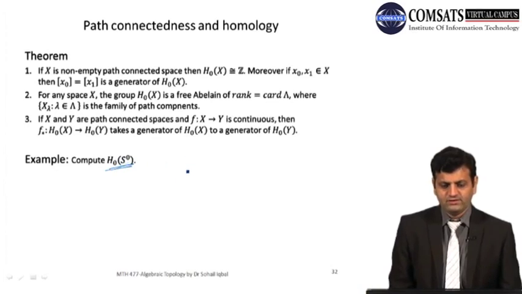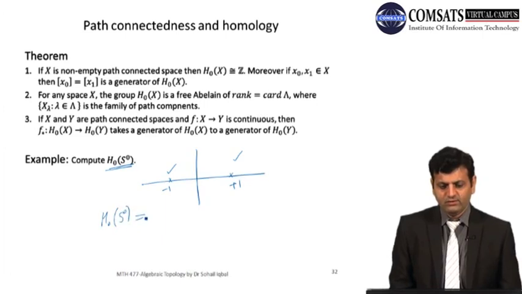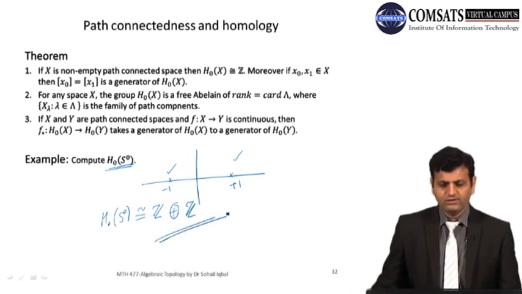What is S naught? It is just 2 points, let's call them -1 and +1, and it is a topological space with 2 path components. So by using the above result, we can say that this is isomorphic to Z plus Z. This is the zeroth homology of S naught.